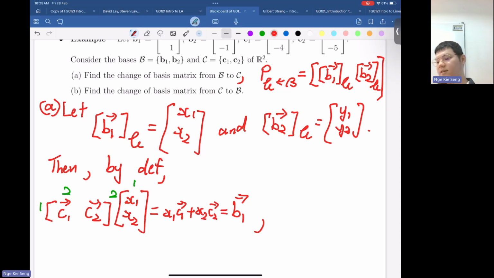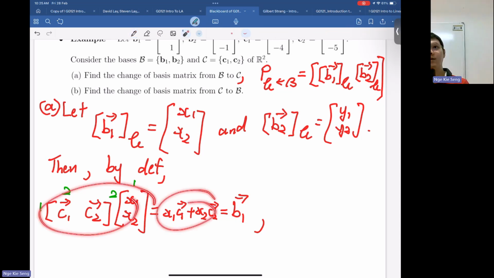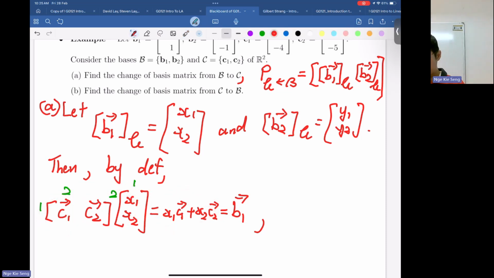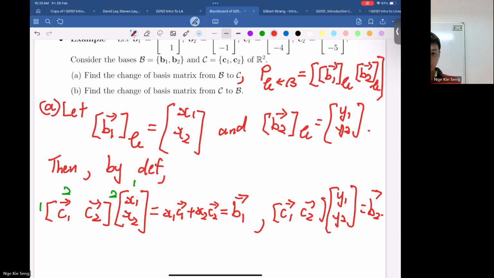So this is a fancier way to write a linear combination, but this fancier way is useful later. Similarly, we have [C1 C2] times [y1; y2], and we should get B2 here.